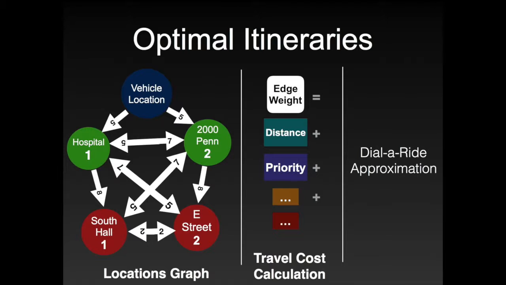calculation. And now once I've got this graph, this is starting to look more and more like a traveling salesman problem. The problem is that I have a lot more constraints than a basic traveling salesman problem, and therefore the tour will as well. What I did was I started researching and realizing that this is actually a subclass of traveling salesman called dial-a-ride. And unfortunately, it's extremely computationally intensive.